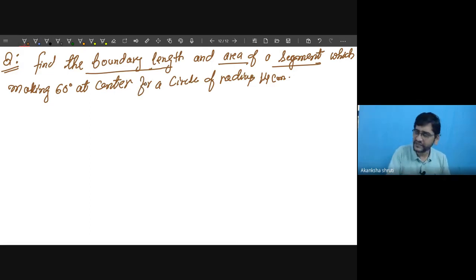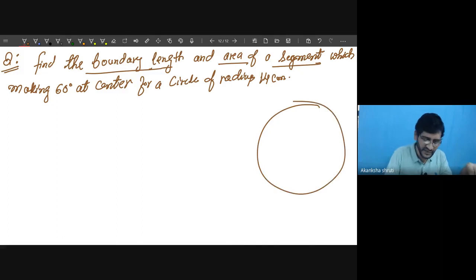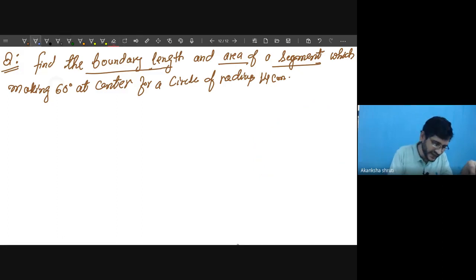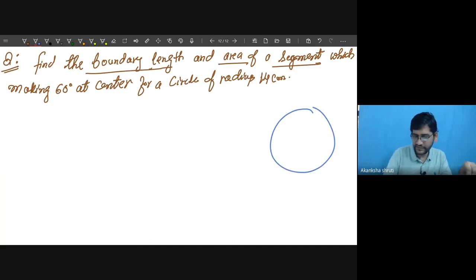So first draw the figure and apply the concept. Student, what to keep in mind? The simple formulas like the area of the sector and the area of the triangle. No need to mug up the bigger formula, just take the difference. Here it is given that you have to find the area of a segment, not a sector.